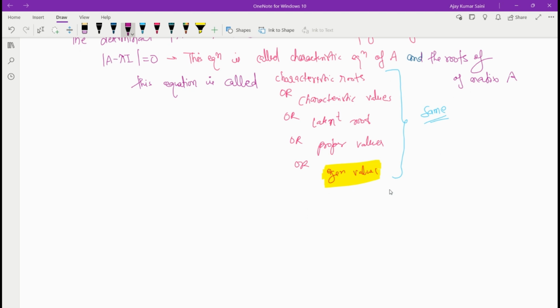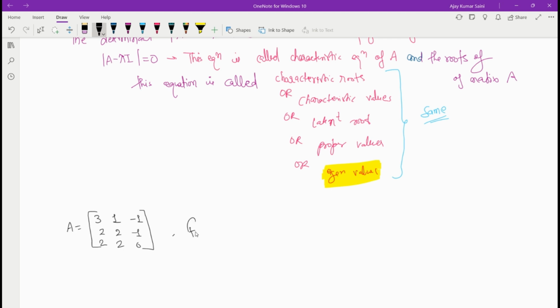So after that I take an example, okay. So like there is a matrix, focus here, that there is a matrix A, okay, 3 1 minus 1, 2 2 minus 1, 2 2 and 0.